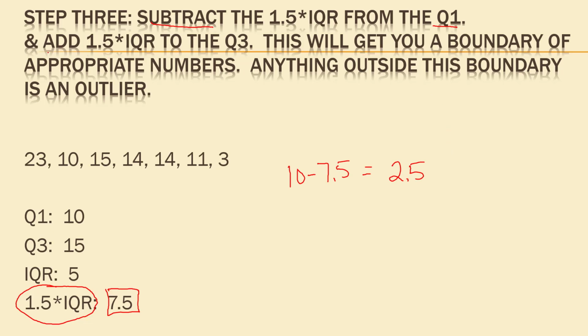We are also going to add the 1.5 times IQR, which we said was 7.5, to Q3. So Q3 was 15, plus 7.5 is 22.5. Anything outside these boundaries, from 2.5 to 22.5, is going to be an outlier.